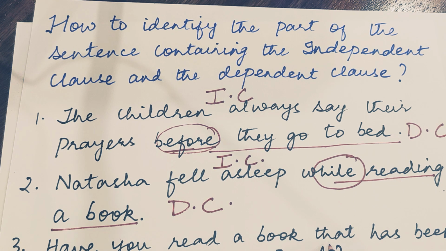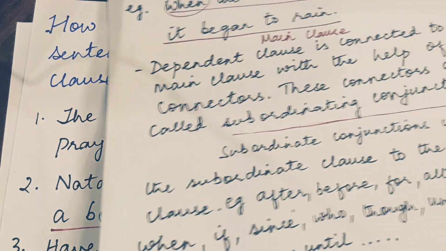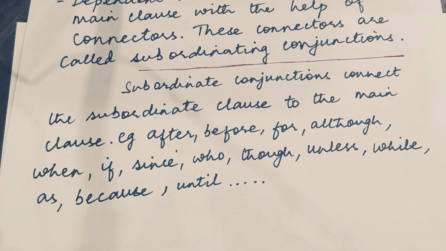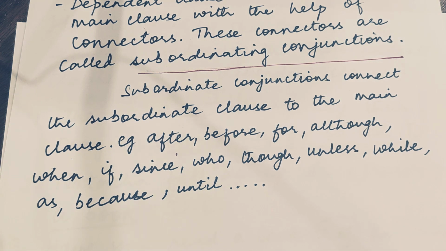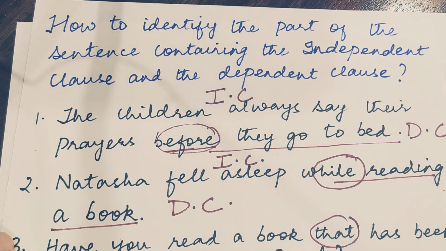Have you read a book that has been written by Ruskin Bond? Now identify the conjunction. The conjunction used over here is that. Remember this list that I showed you earlier. Over here there is a list of the subordinate conjunctions that we will deal with. So over here the conjunction is that. Now which part of the sentence is making sense?